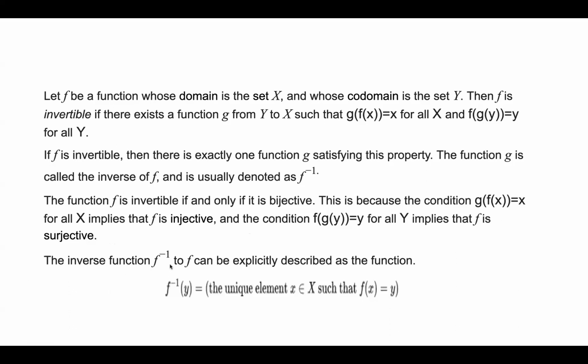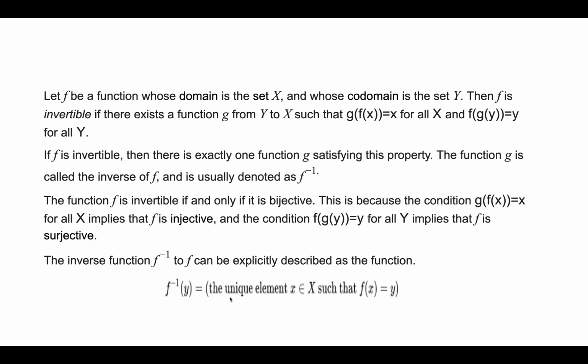The inverse function f inverse of f can be explicitly described as the function f inverse of y is equal to the unique element x belonging to X such that f of x is equal to y.